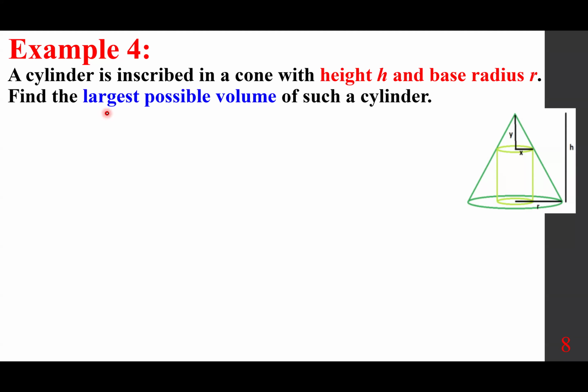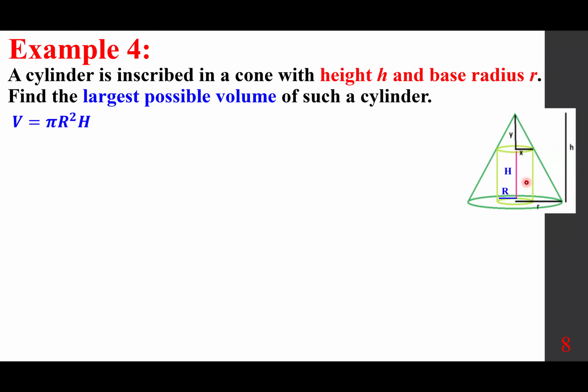So let's define some variables. If we say this distance is x, this distance is y, remember, first, this in general is the radius of the cylinder that changes. This is the height of the cylinder that changes. We should know the volume, the largest possible. We know the formula for the volume is pi r squared h.